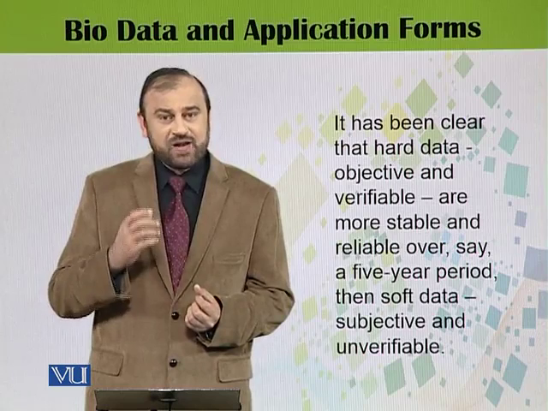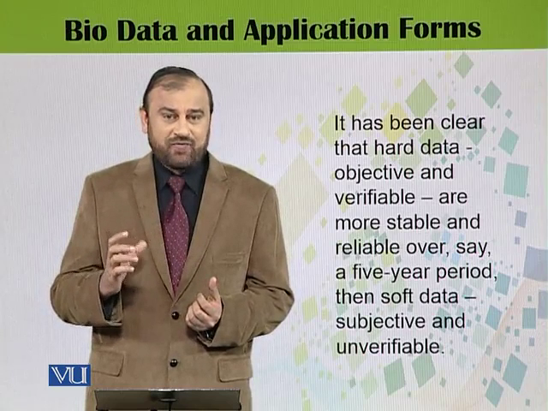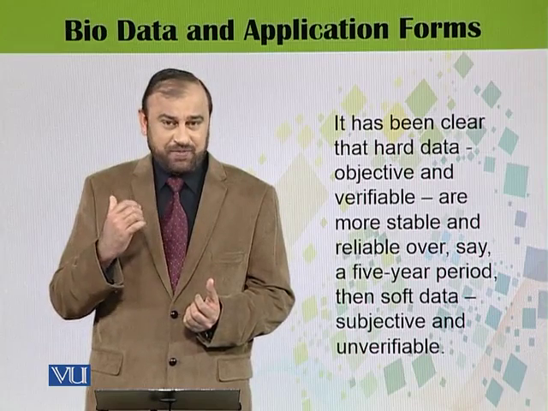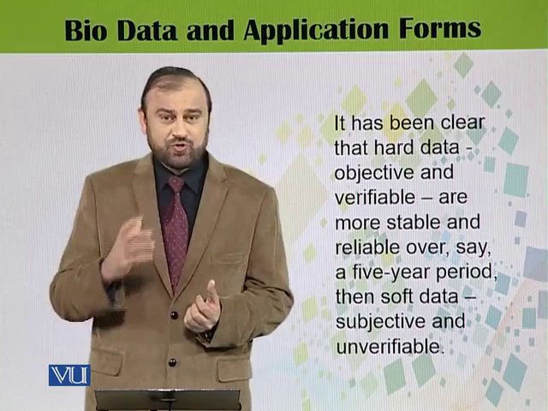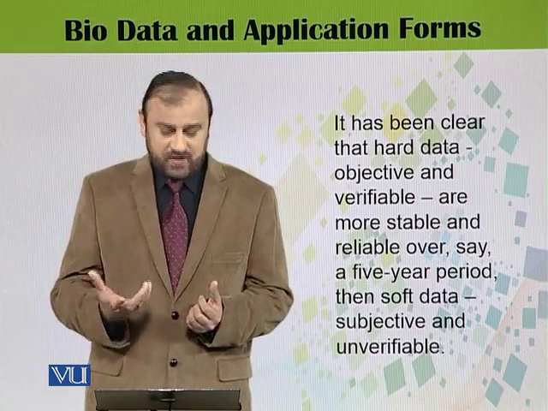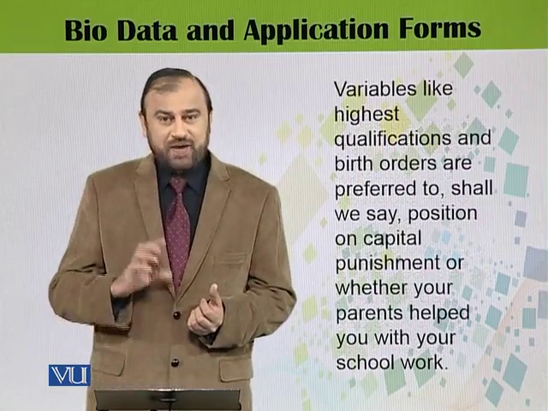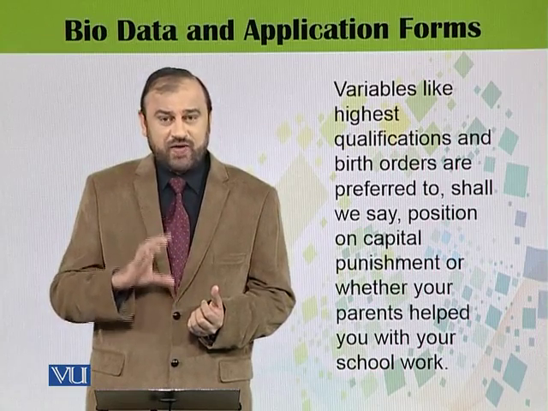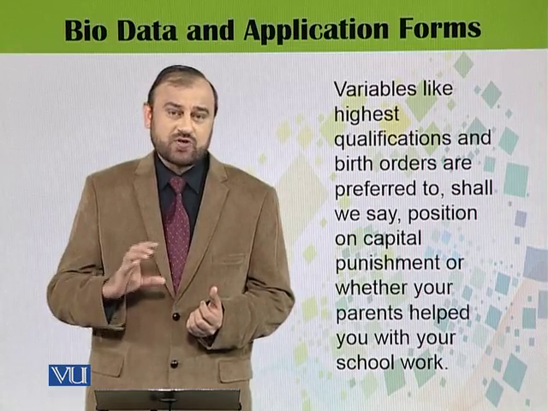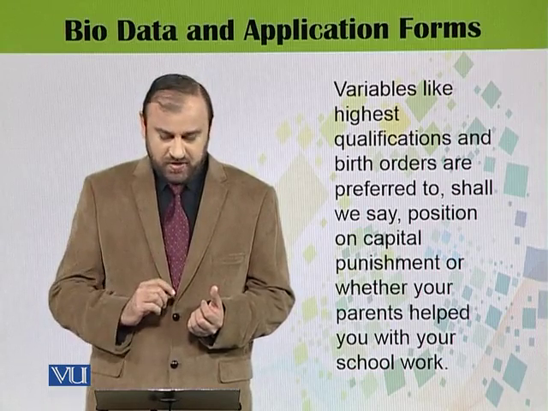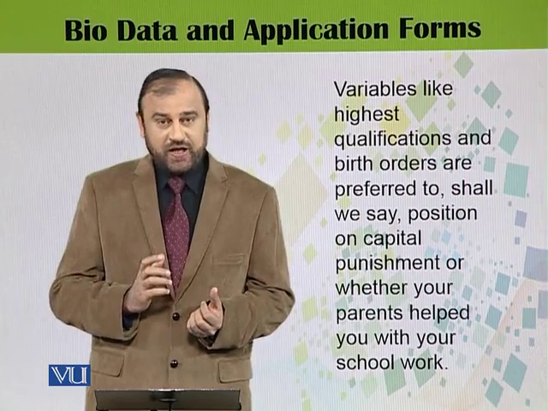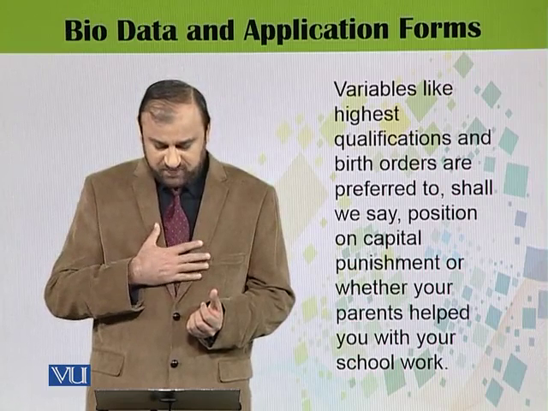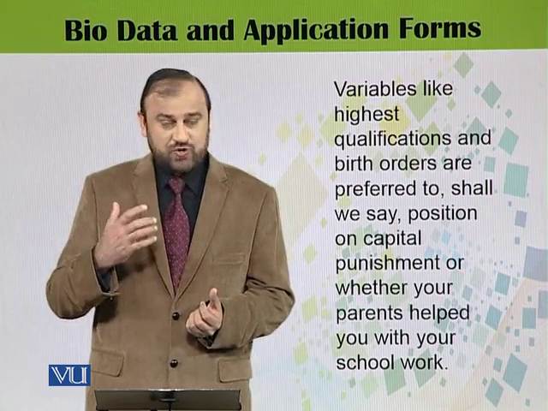That data is more reliable and valid as compared to soft data, because it is very subjective, like the previous question: did your parents help you with your schoolwork? So it is always better to ask for hard data as compared to soft data, because hard data is more verifiable, while soft data is not verifiable most of the time. So variables like highest qualification and birth order must be preferred as compared to capital punishment, or whether your parents helped you with your schoolwork.